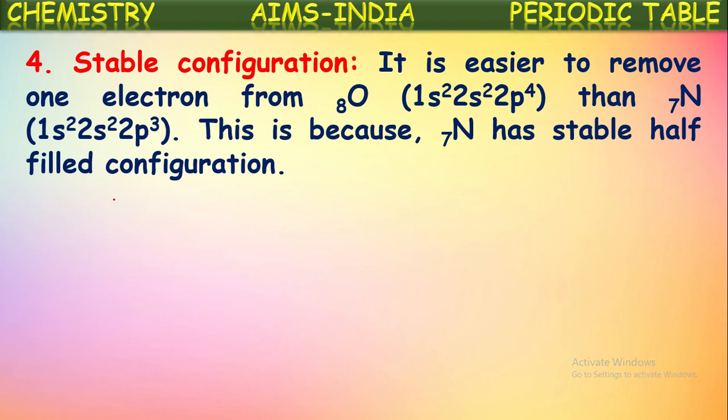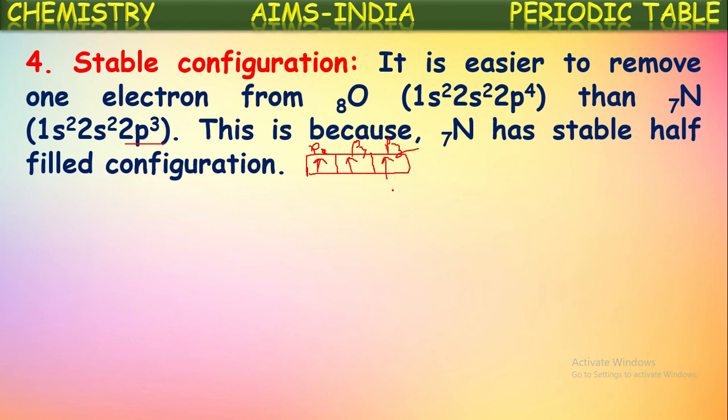If we observe this 1s2, 2s2, 2p3, in the p subshell there are 3 electrons. We know how to represent this p subshell with 3 orbitals. We can consider this as px, py, pz. In this way these orbitals are represented. Now there are 3 electrons, 1 in each.